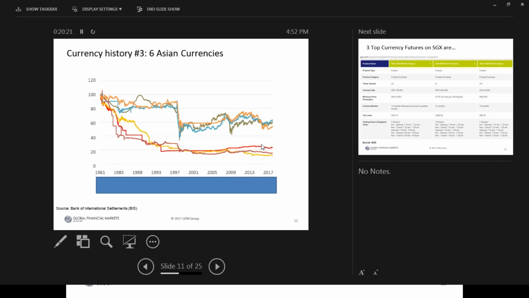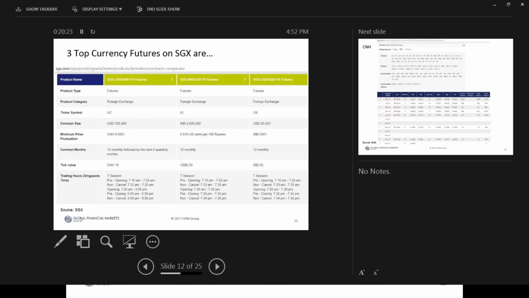Looking in the future, how would we actually trade one of these currencies if we didn't have a spot market or an ISDA lined up? So the top 3 currency futures traded on the SGX by volume are the ones for the CNH, that is the renminbi, the Indian rupee, and the Singapore dollar FX futures.